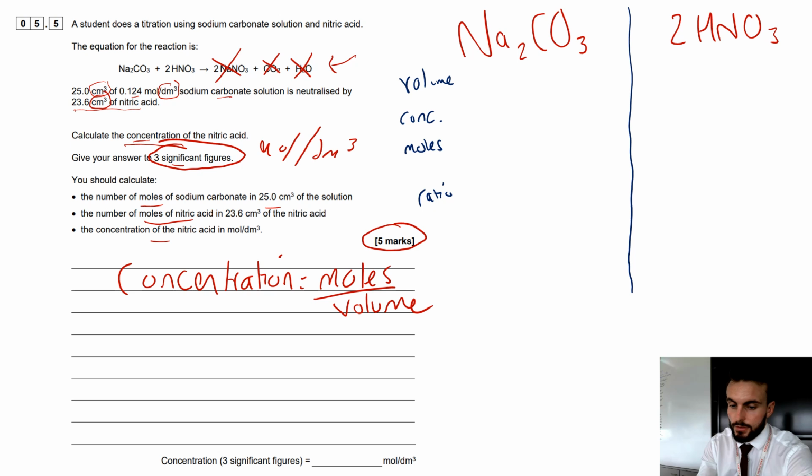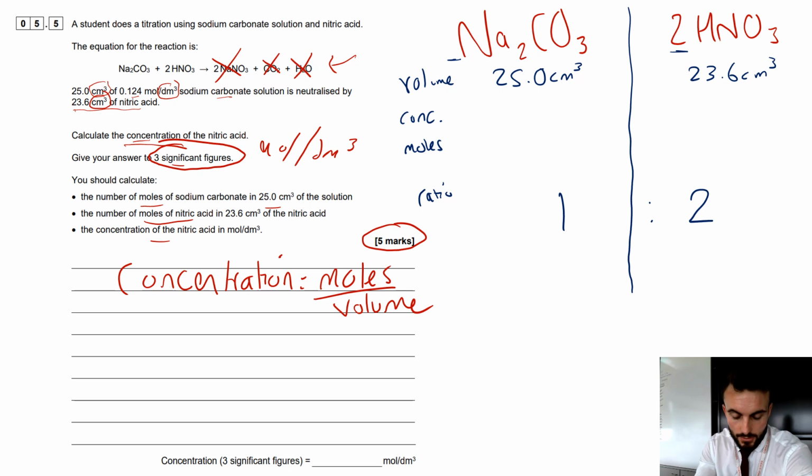The ratio is obviously 1 to 2. That'll become relevant in a minute. The volumes I've got are 25 centimeters cubed of this one and 23.6 centimeters cubed of this one. The concentration of the sodium carbonate is 0.124 moles per decimeter cubed.